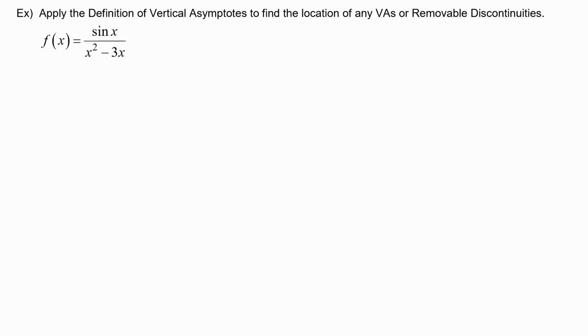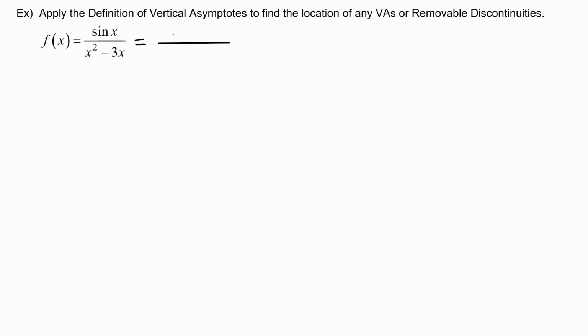In this example, apply the definition of vertical asymptotes to find the location of any vertical asymptotes or removable discontinuities. F of x is equal to sine of x over the quantity x squared minus 3x. Now we know we are interested in the places where the denominator will be 0.